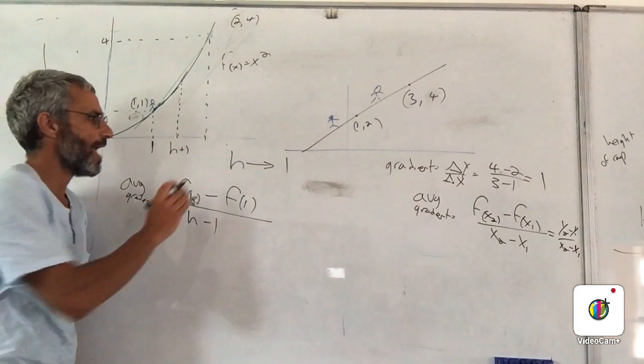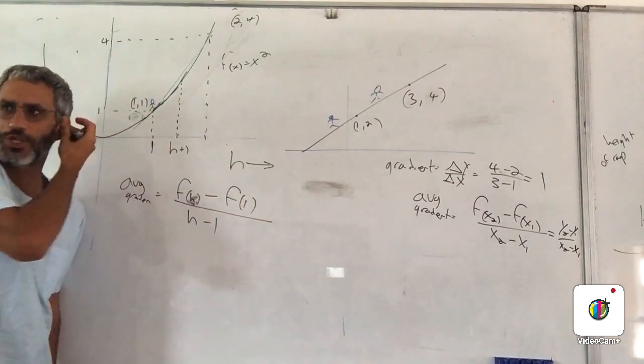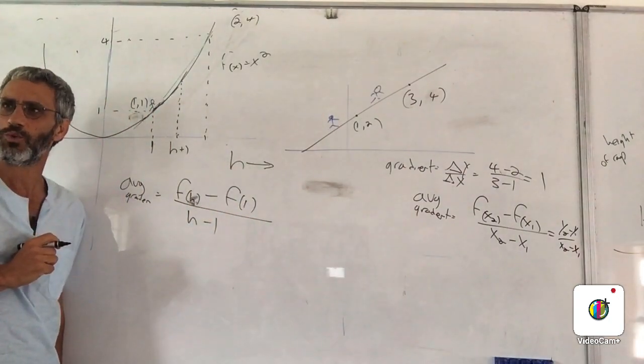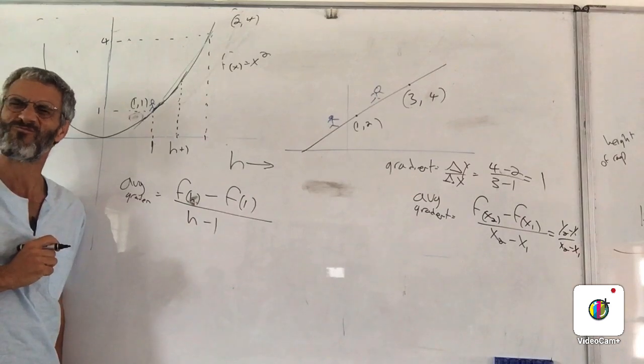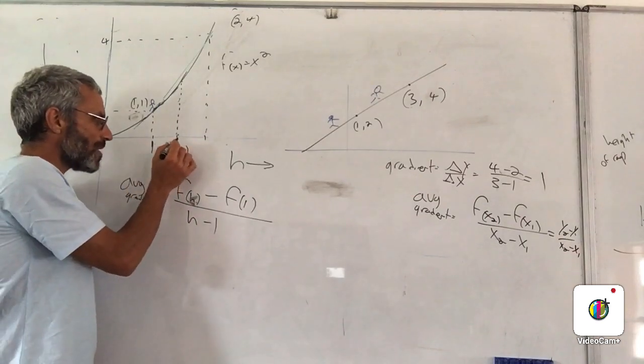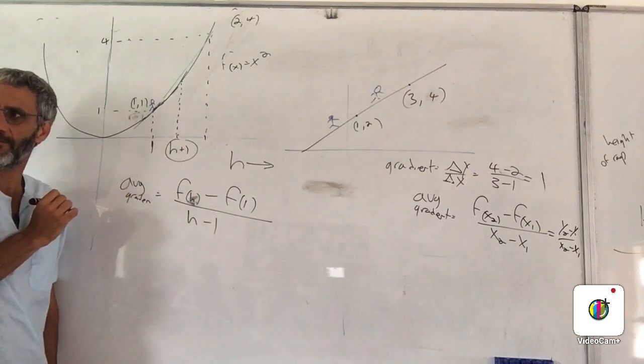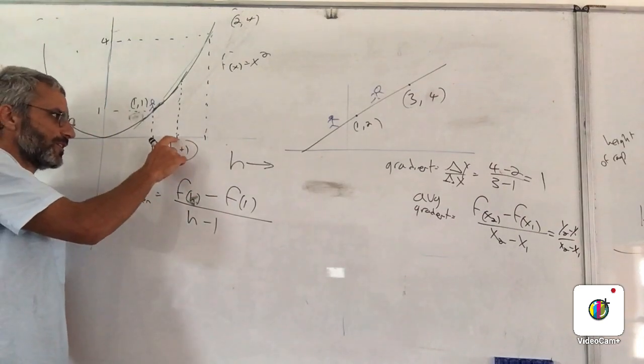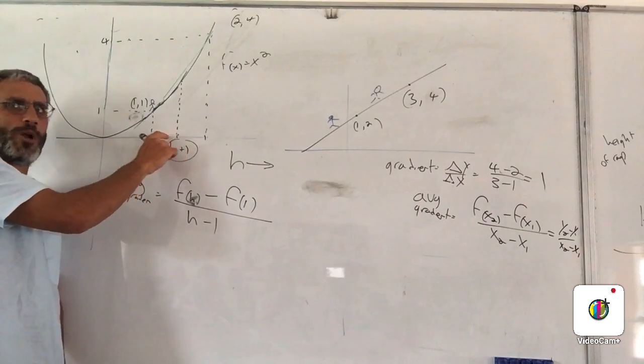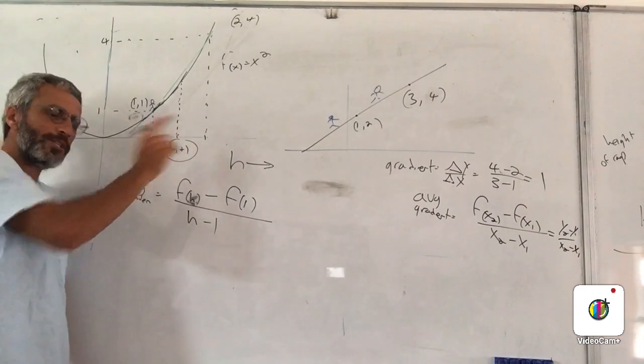What is h very close to? Not 2. I want this point to be as close to 1 as well, right? We agreed on that. We need to do 1.00001, so let's call it h plus 1.